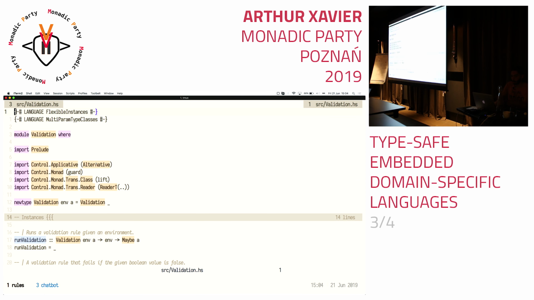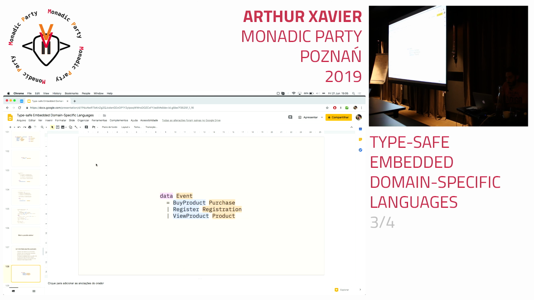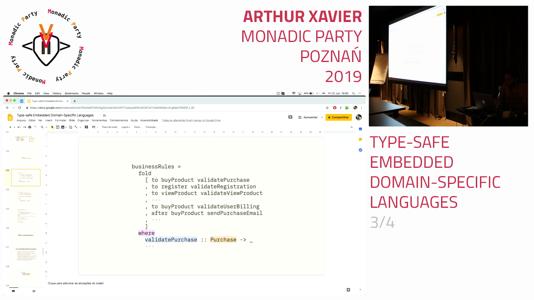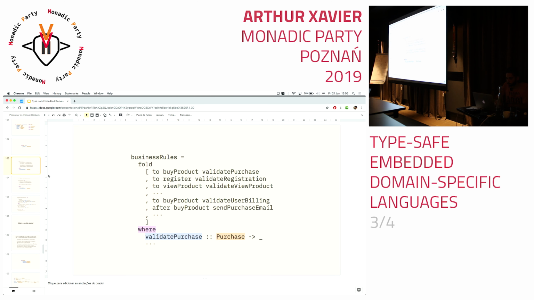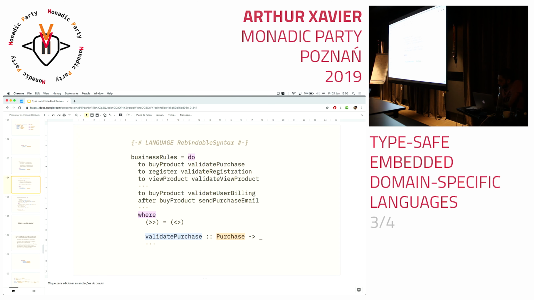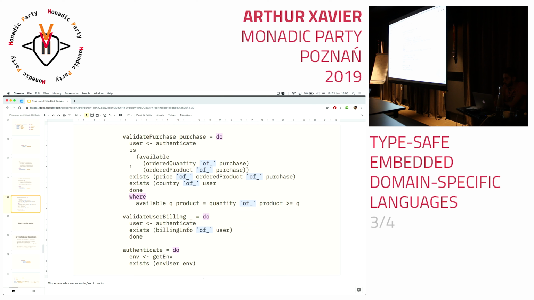Okay. So, first of all, we can see that we have two DSLs here, right? One of them is used to build these business rules. We're making the separation between business rules and validation rules, right?